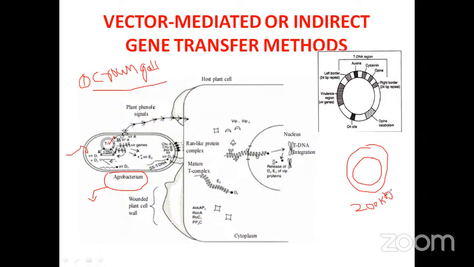The Ti plasmid has major regions for virulence, origin of replication, oncogenicity, and catabolism.